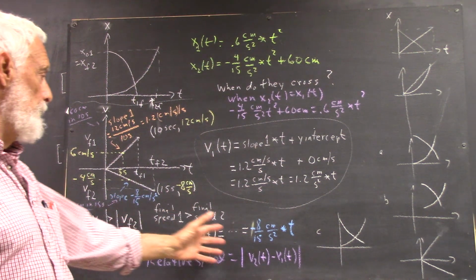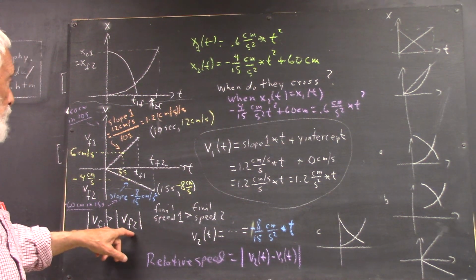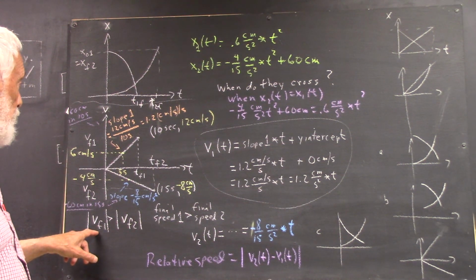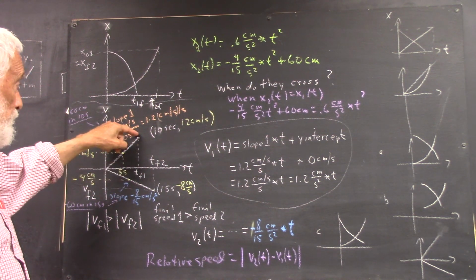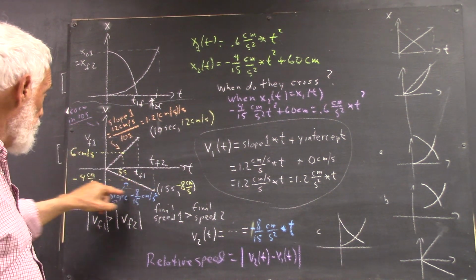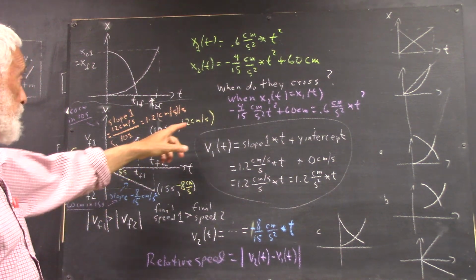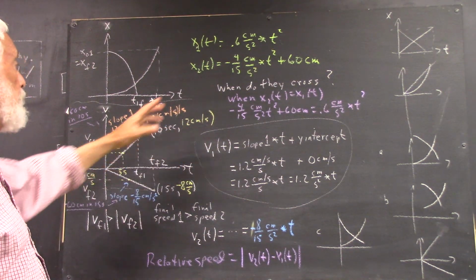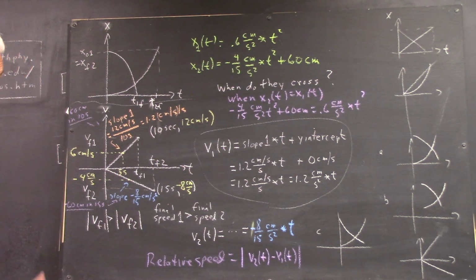Now we talk a little bit about speeds here. The magnitude of VF1, magnitude of VF2, where VF1 means the velocity at this time. So this velocity here would be VF1, this velocity here would be VF2. VF1 is 12 centimeters per second. VF2 is negative 8 centimeters per second.